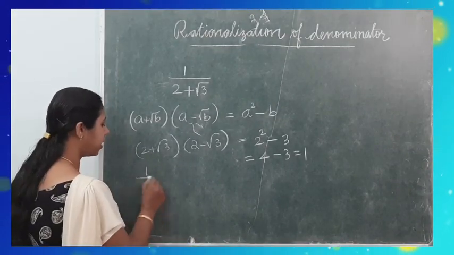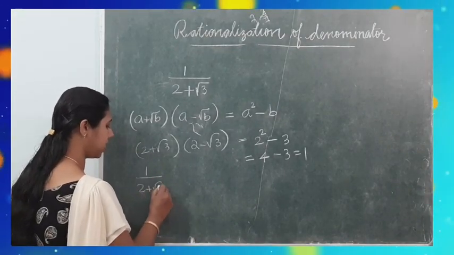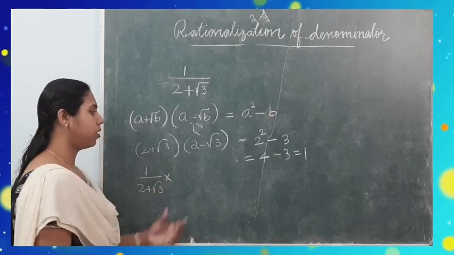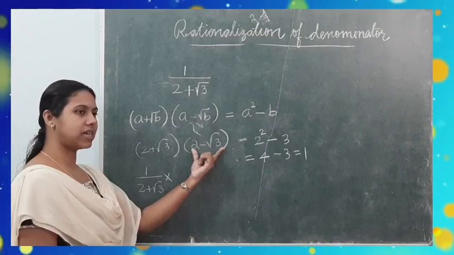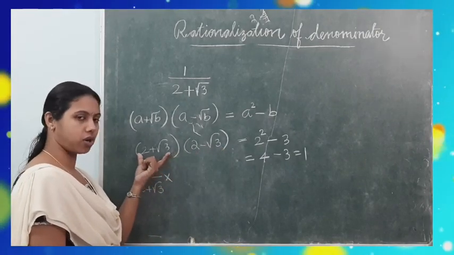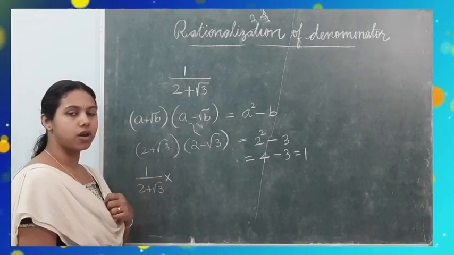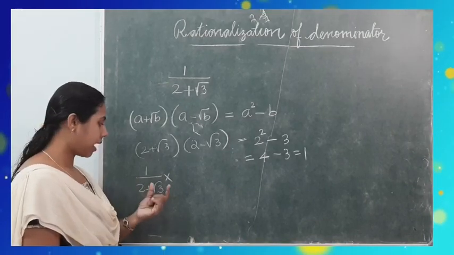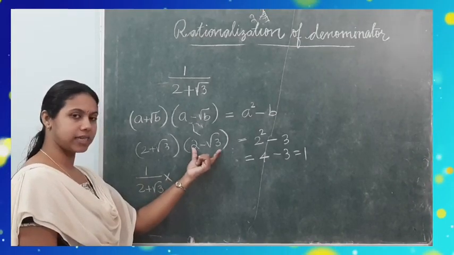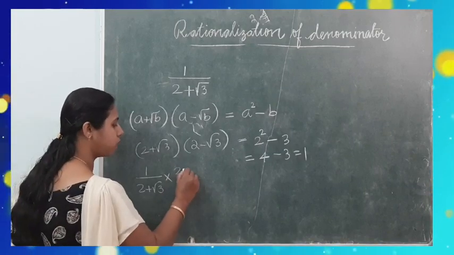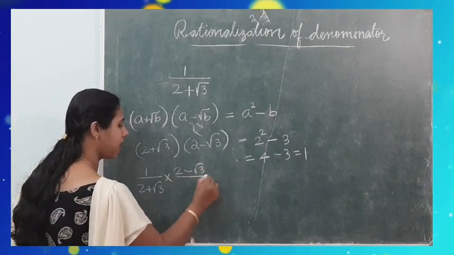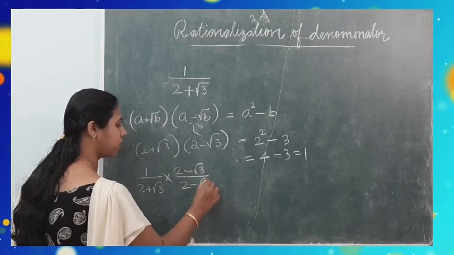So 1 by 2 plus root 3 into... So we can say that 2 minus root 3 is the rationalizing factor of 2 plus root 3. So you can multiply with that rationalizing factor in the numerator and the denominator. So 2 minus root 3 by 2 minus root 3.